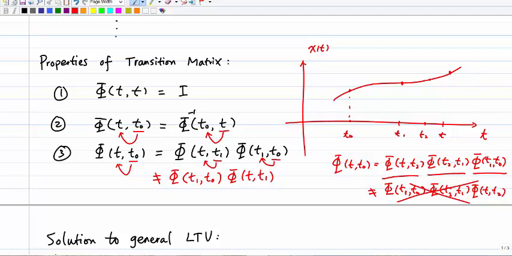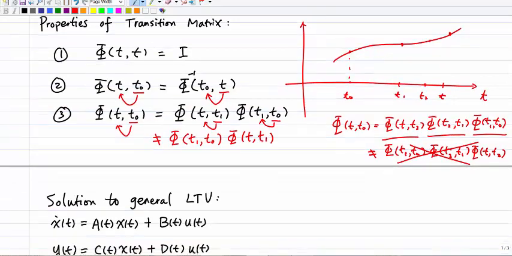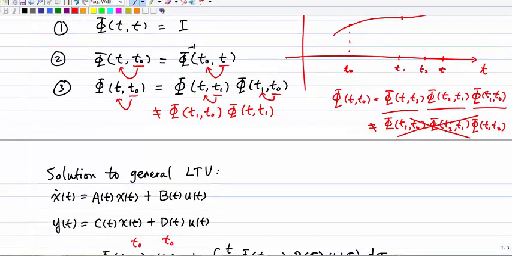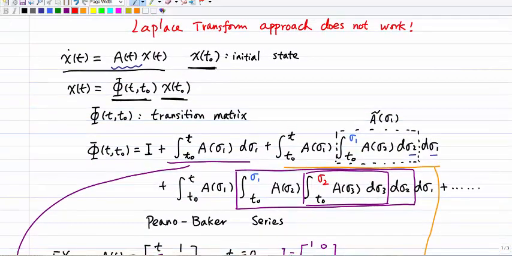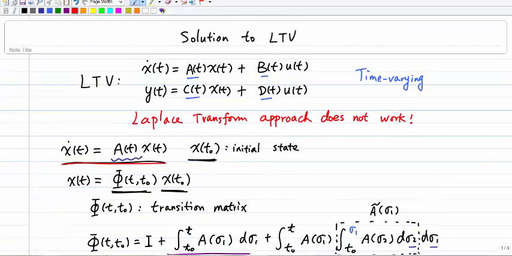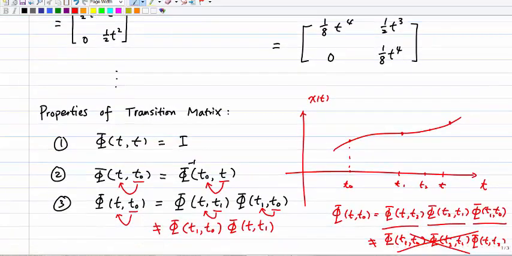Okay. So now let's talk a little bit about the solution to the general linear time invariant system. In the previous part, I just talked about the solution to this homogeneous system, which is different from the original linear time invariant system. So what is the solution to the general linear time invariant system?